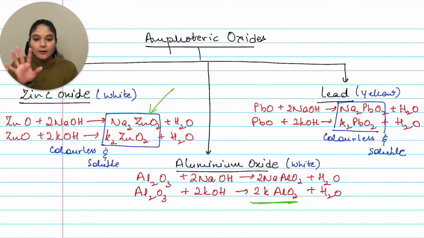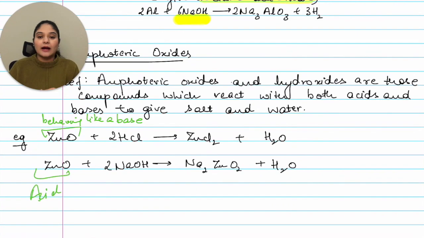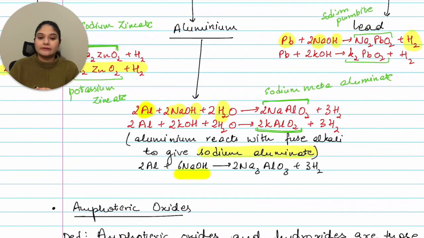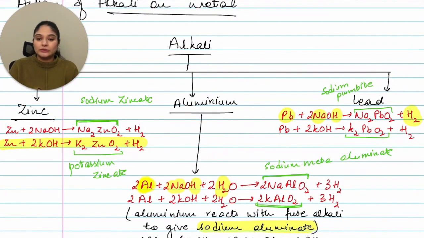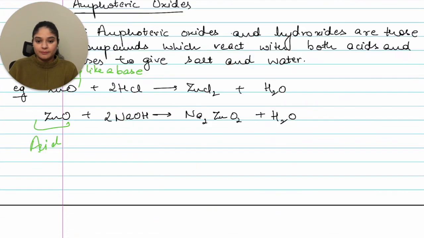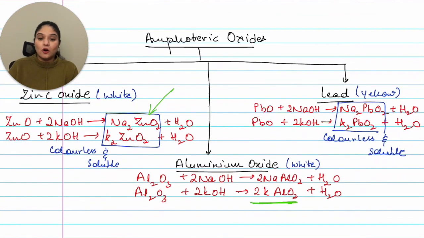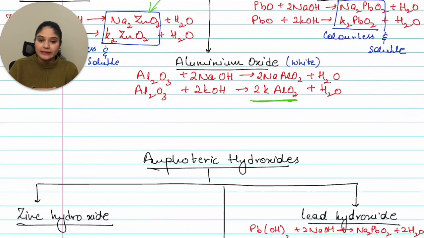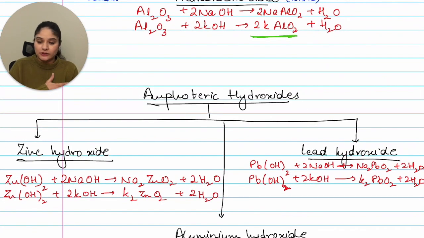If you think these equations are difficult to learn because the compounds are big, technically you only have to learn three compounds and everything else is similar. You only have to learn Na2ZnO2, Na2PbO2, NaAlO2, and then everything is formed from the same thing, and all of them are repeated in the amphoteric oxide section and amphoteric hydroxide section as is.